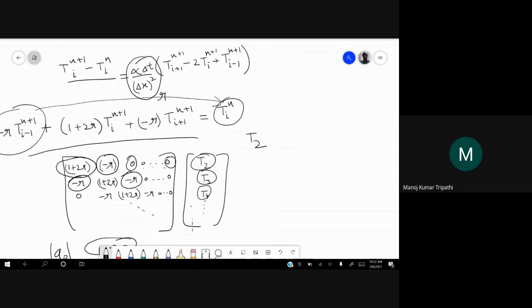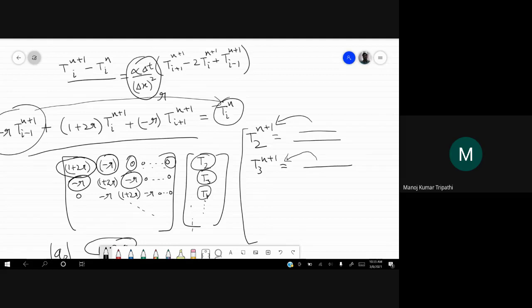So T2 n plus 1 equal to everything on the right hand side, then T3 n plus 1 equal to everything on the right hand side. If you write the equations in this order and you start with the guess for T3, T4 and so on and calculate T2 from there, then use that and the other guesses to calculate T3 from the second equation in this order, then it is guaranteed that it will converge.